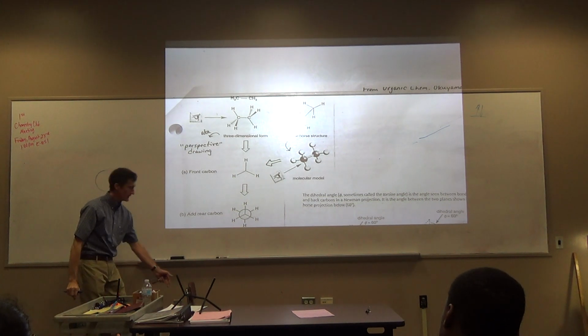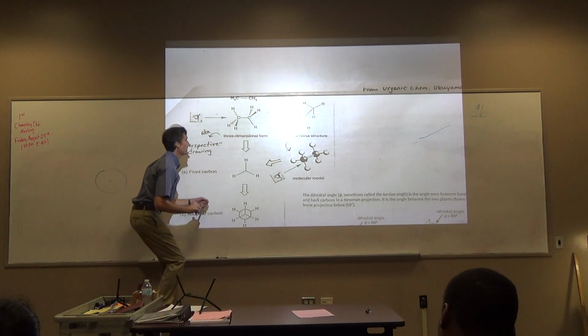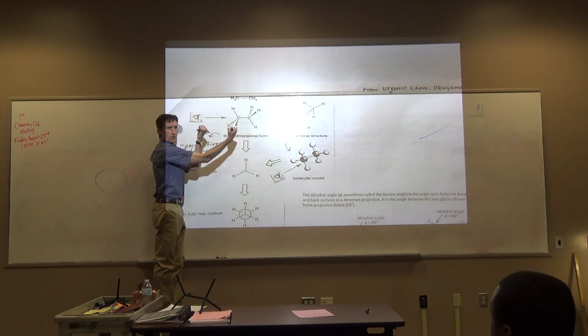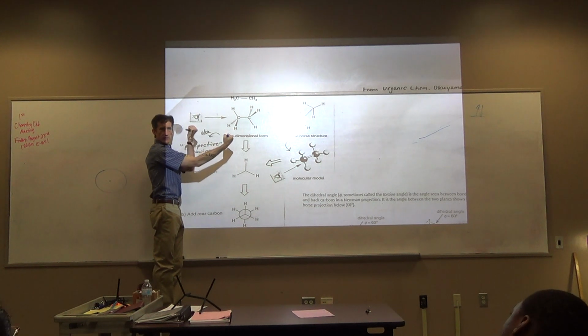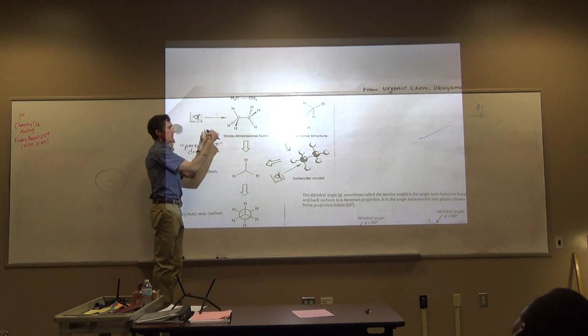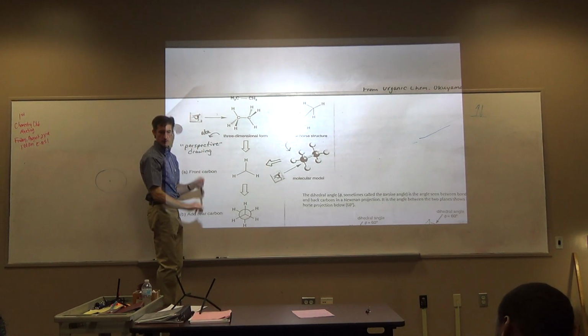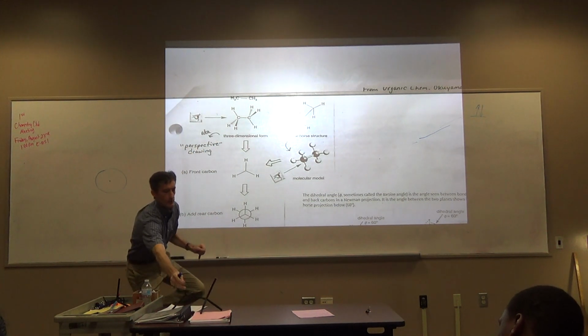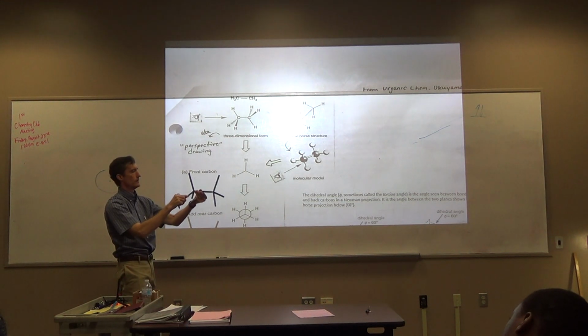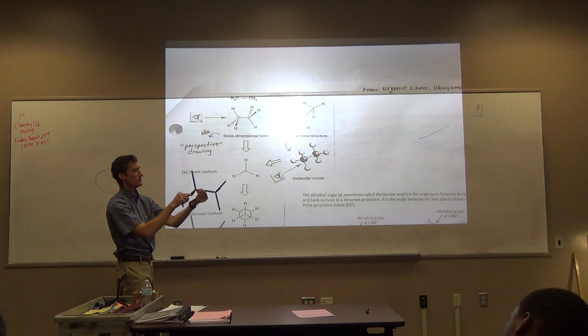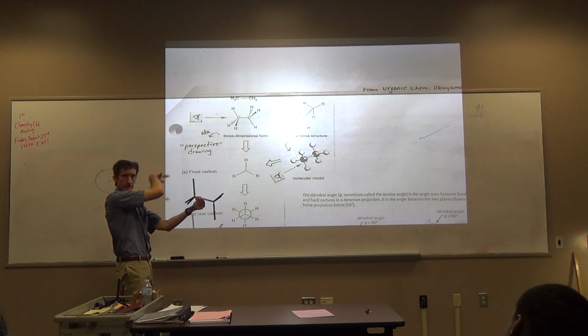Okay? Again, I'm looking at this. I see the carbon. I see a carbon behind it. Actually hard to see the carbon behind it because it's in front of this one, or behind this one. But on the front carbon, what do I see? I see an H going straight up. Okay? Here we go. I'm going to turn so you can see what I see, because you can't come down here and stand on the chair.